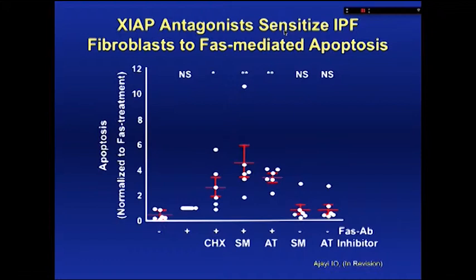As a positive control, these are cells treated with Fas and cycloheximide. In the next two lanes, we see cells that are treated with either of the inhibitors of XIAP with Fas, and we see that a significant number of the fibroblast lines are sensitized to apoptosis, but neither inhibitor induces apoptosis in the absence of Fas-activating antibody.